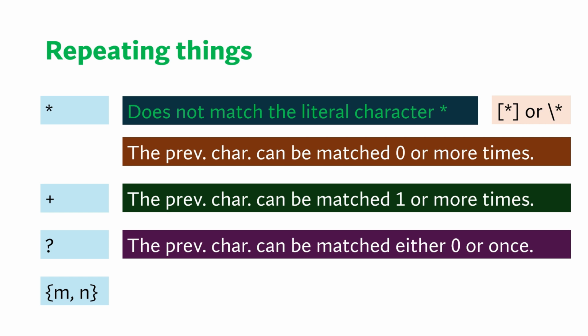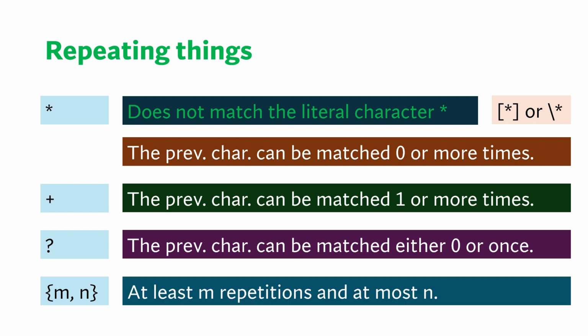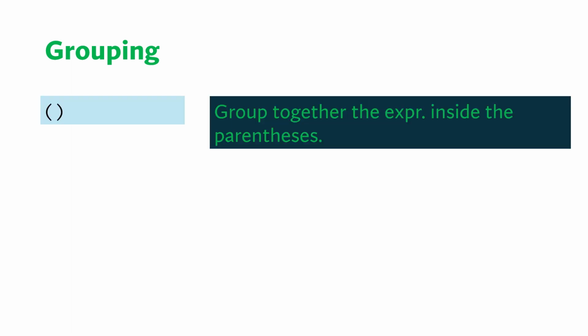We can also use the curly braces notation, which indicates matching at least m repetitions of the previous character and at most n. Regular expressions are often used to dissect strings by writing a regular expression divided into several subgroups which match different components of interest. For that, we can use parentheses to group together the expressions inside them.